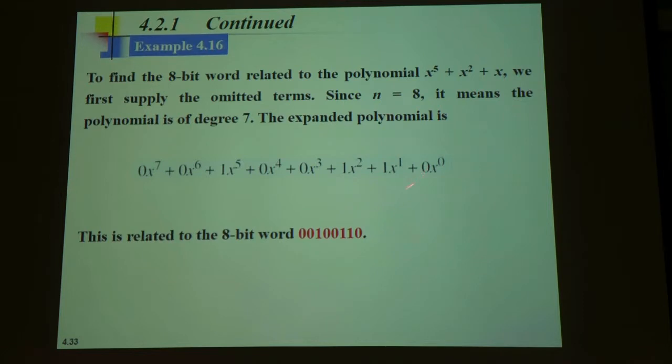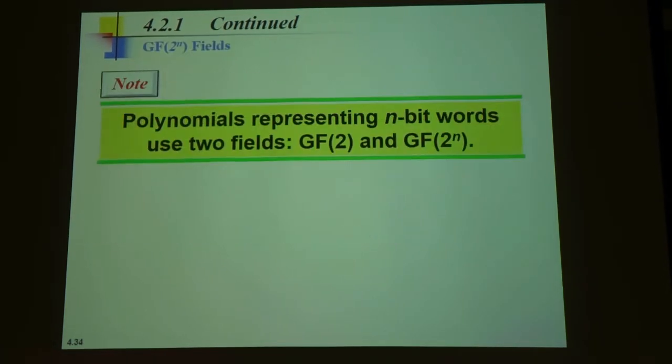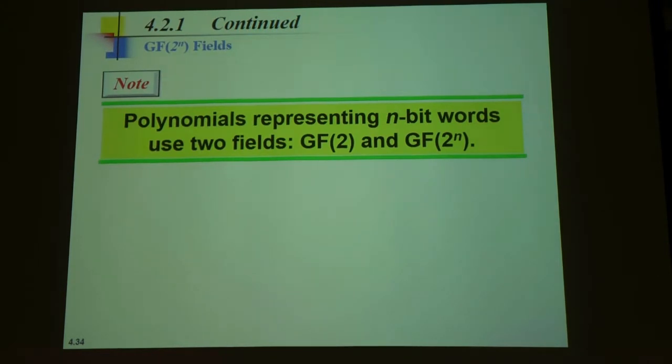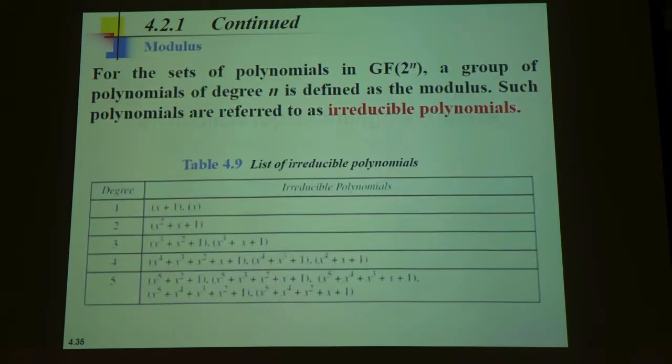So I take 0, 1, 0 here, 1 here, 1 here, 0, 0, 1, 0, 0. So now I know how to convert both ways, from polynomial to bits. Alright, so polynomials represent n-bit words using Galois field GF(2), and we already studied that.